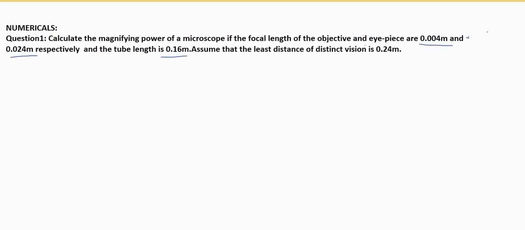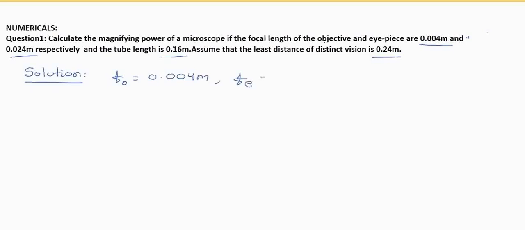It is given that the least distance of distinct vision is 0.24 meter. Let us write the given values first. FO, the focal length of the objective, is 0.004 meter.